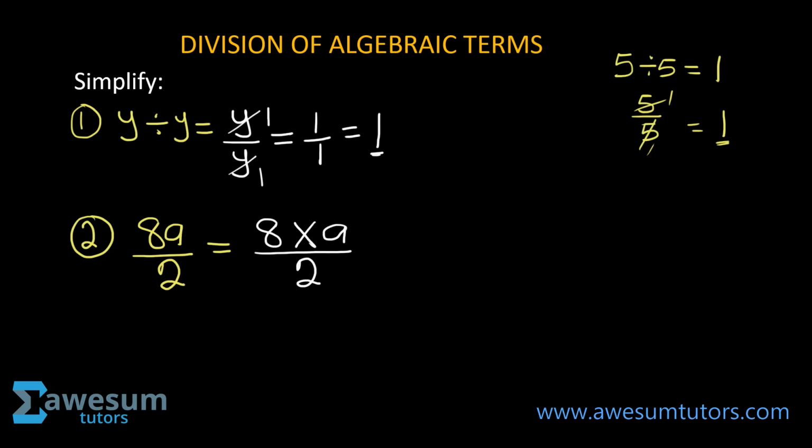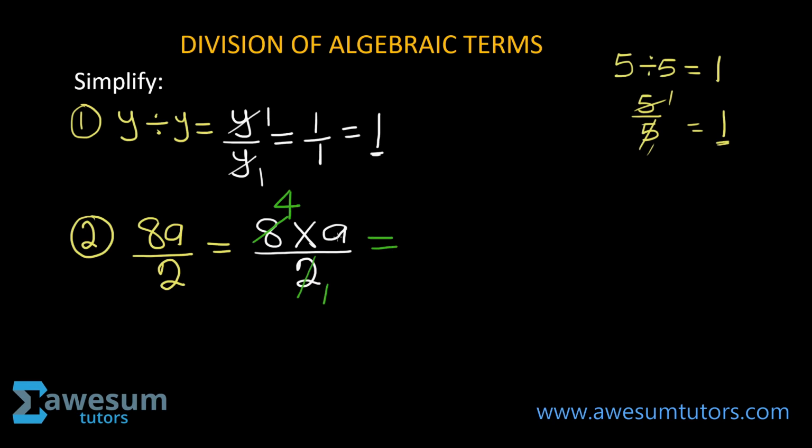You will agree with me that 2 is a factor of 2 and 8. So I will have 2 in 2 is 1, 2 in 8 is 4. So what do I have left?